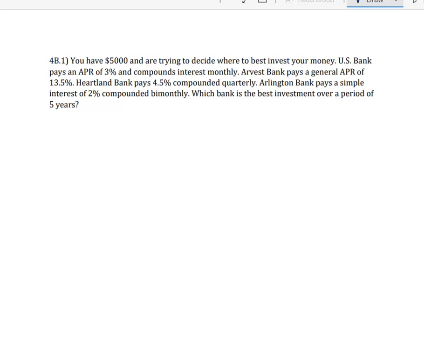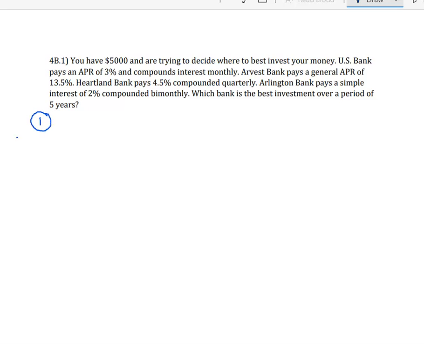Arvest Bank pays a general APR of 13.5%, and Heartland Bank pays 4.5% compounded quarterly. Arlington Bank pays a simple interest of 2% compounded bi-monthly. Which bank is the best investment over a period of 5 years? So we've got 4 banks to talk about.